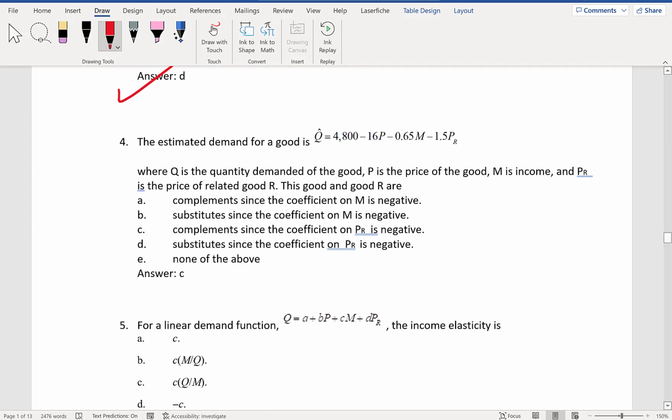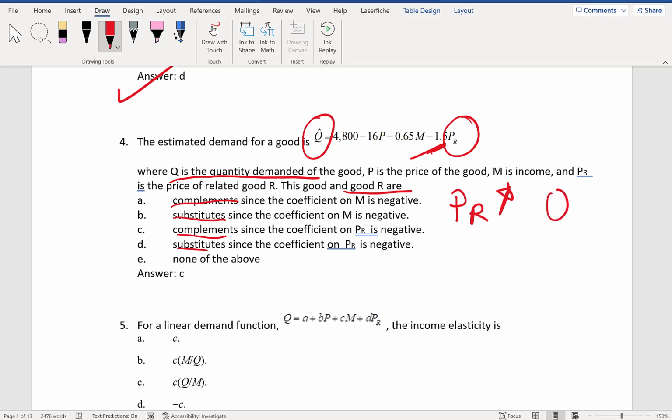Again, the same setup. Whatever this good is, and good R, are they complements or substitutes? Look what's happening here. The price of a related good is going up, and the coefficient estimate is negative. This negative coefficient means they move in opposite directions. So when the price of the related good goes up, the quantity consumed of this good goes down.